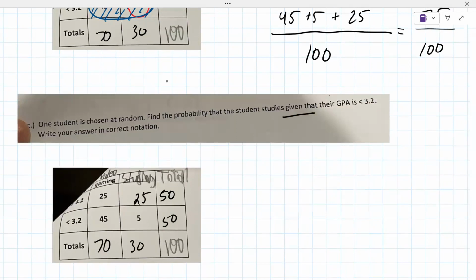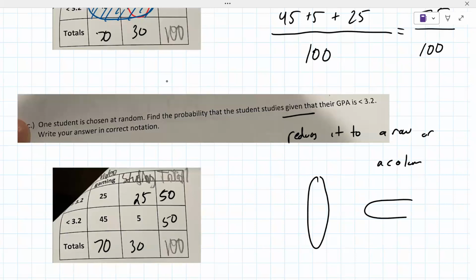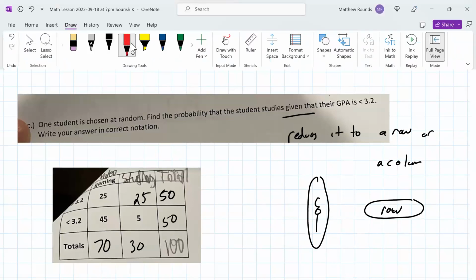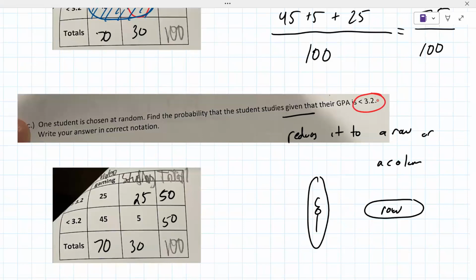Whenever you see the word given, it reduces it to a row or a column. Which one of these is a row and which one's a column? The row is the right one, and the column is the left one. Very good. In this case, the given is that it's less than 3.2. This means you're looking at this row only. You don't care about anything else, just that row.